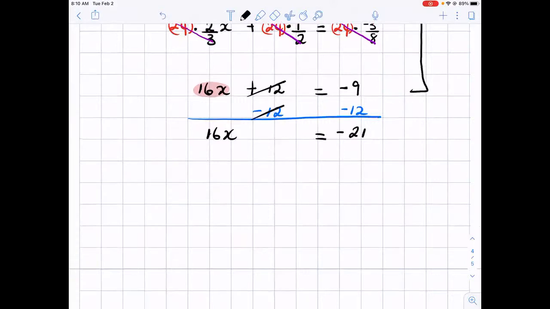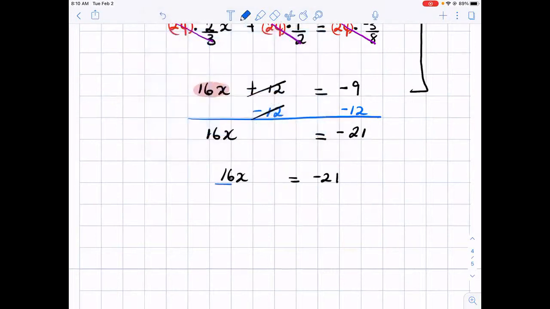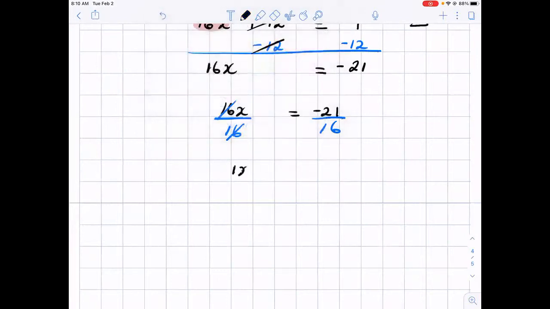So now we want to leave x by itself, so 16x. Now we want to get rid of the 16, so we divide by exactly what we see, 16 on both sides. The 16 divided by 16 becomes 1, so this becomes 1x is equal to minus 21 over 16.